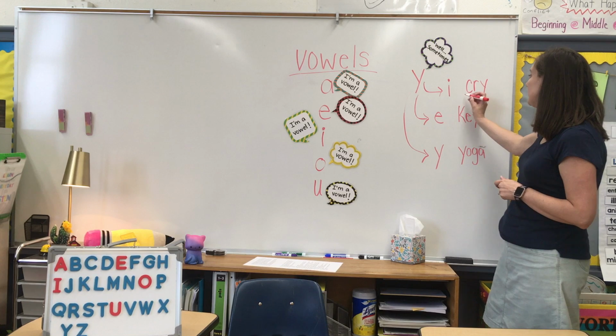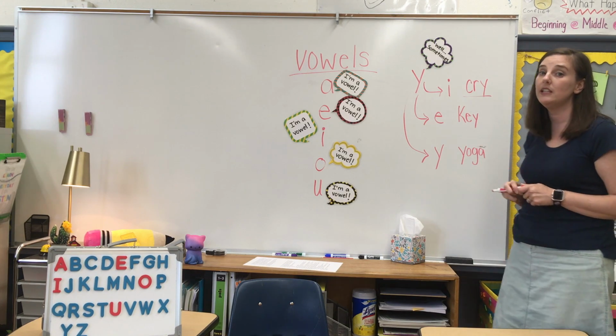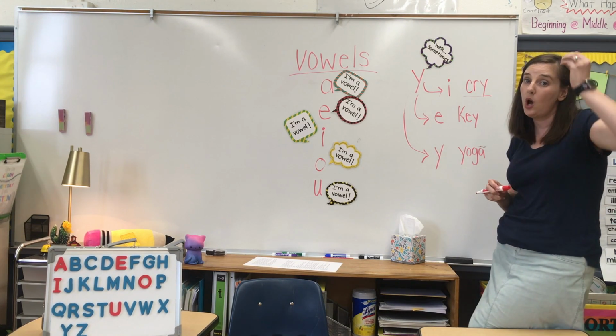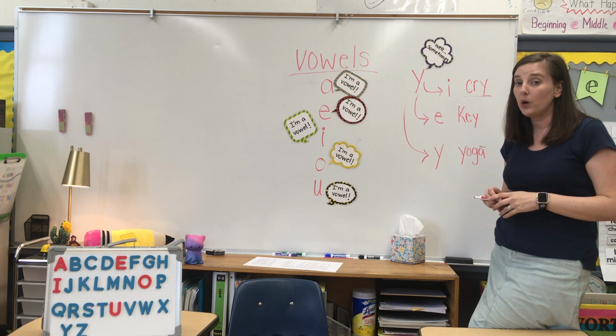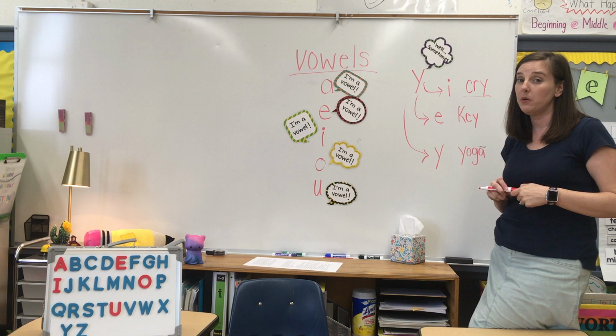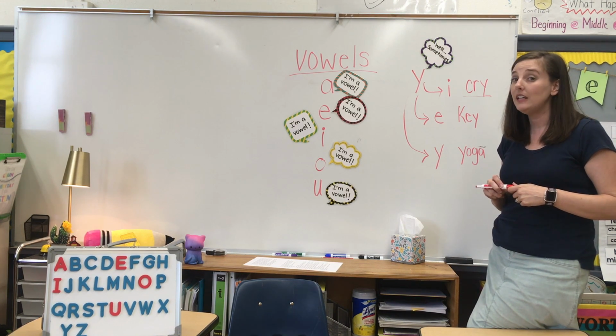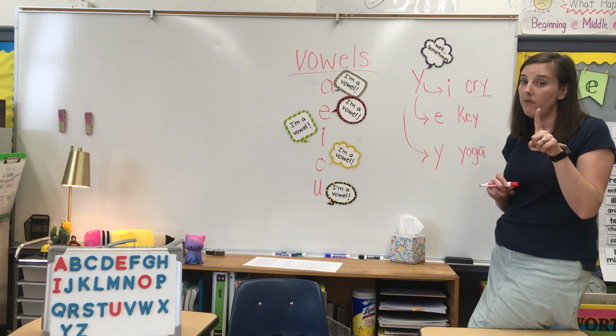Now, I want you to look at this word cry because something is extremely important that I want you to always remember. Every single word in the English language should have at least, it can have more, but at least one vowel.